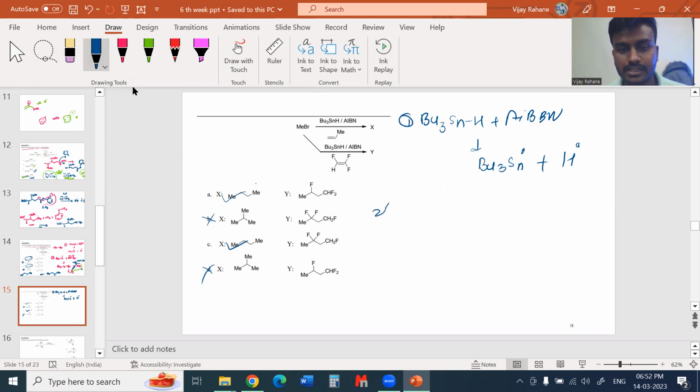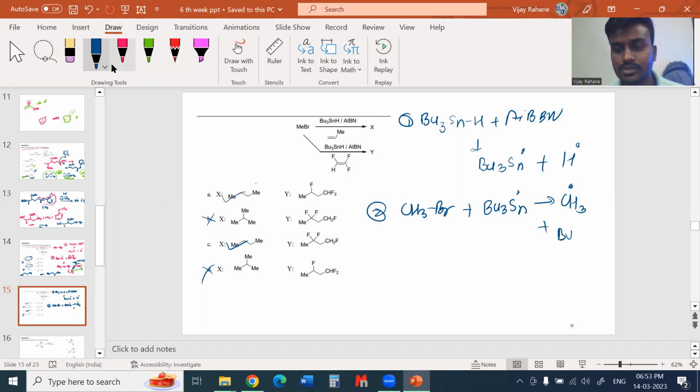This one is the first step. In the second step, CH3Br plus Bu3Sn radical forms a CH3 radical plus Bu3SnBr, right?